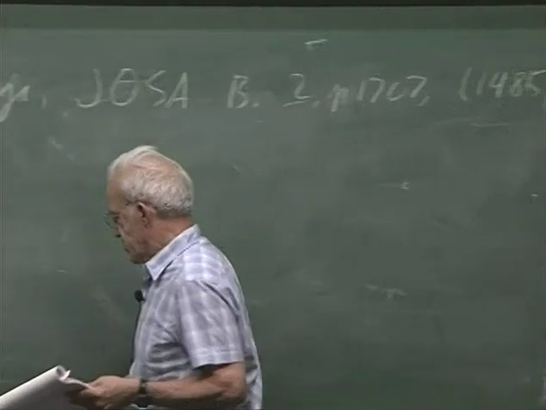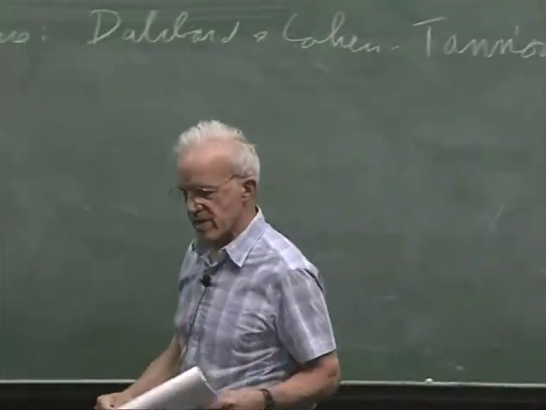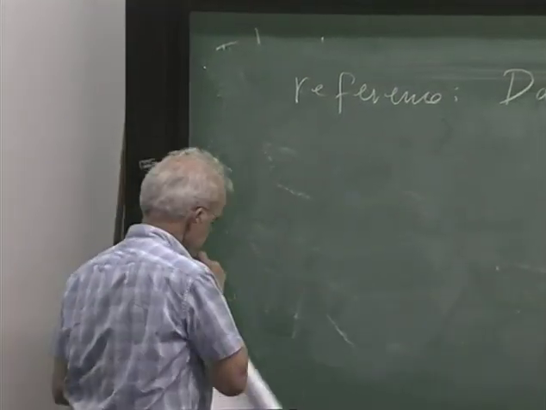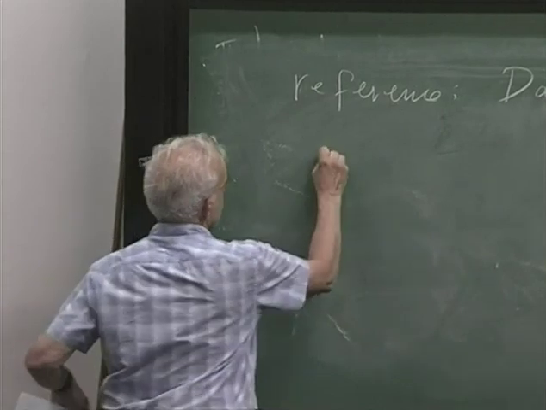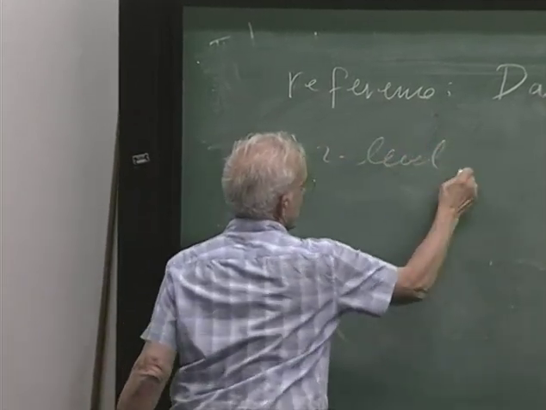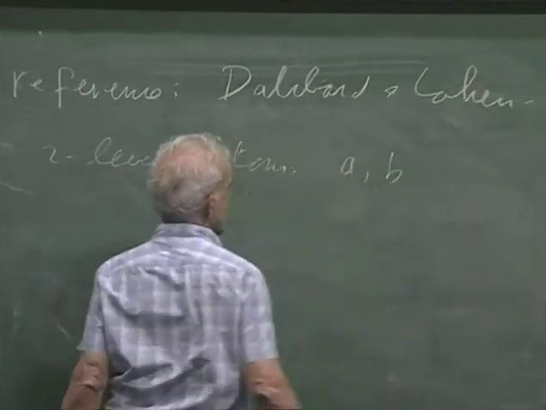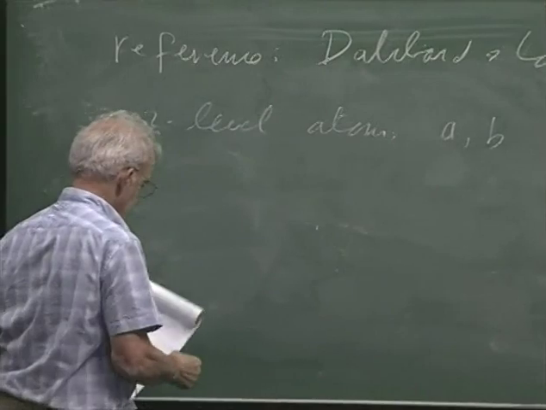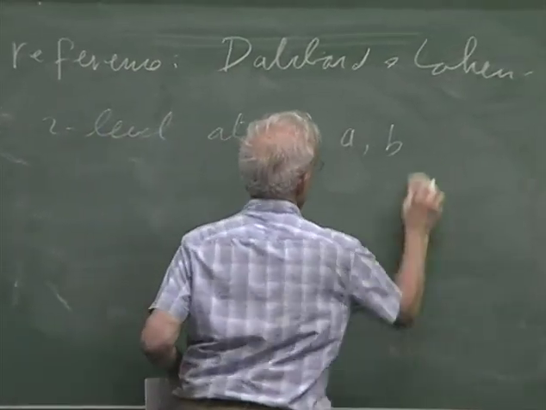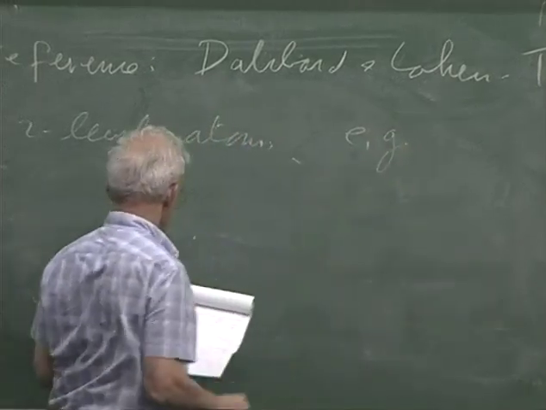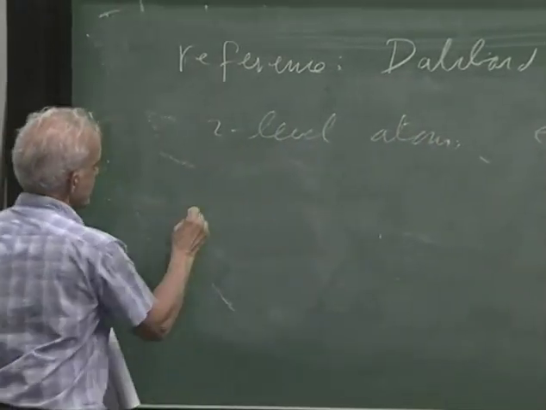It's a beautiful paper because it explains light forces so elegantly and also sets out the whole formalism of the dressed-atom picture very beautifully. So what we want to do is to talk about, first of all, again, a two-level atom. Levels, we just call them levels A and B. No, I'll follow the notation of that paper. They call it E and G, excited and ground, although those are somewhat misnomers. And a laser field.